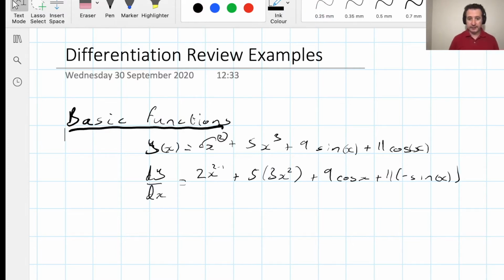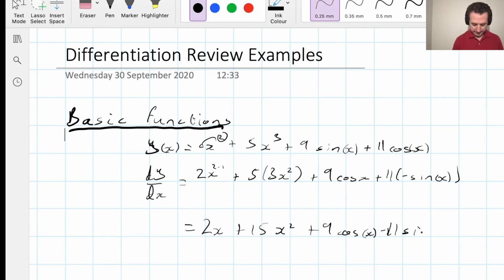So everything there is fine. I just clean it up slightly. So that's equal to 2x plus 15x squared plus 9 cos x minus 11 sine x. In the tutorial, you'll get to see many examples of these kinds of questions and have a blast with them to see how they go.